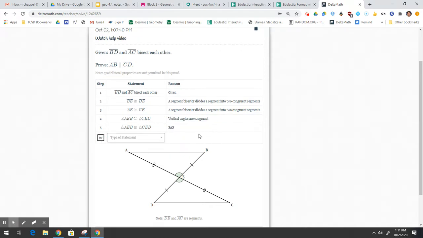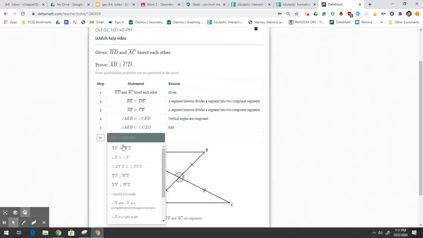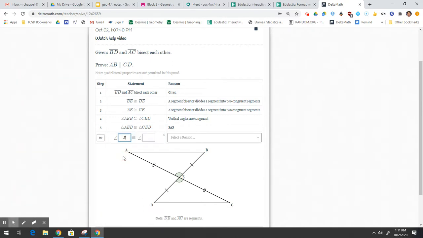Good. And now that the triangles are congruent, again, remember I talked about to prove that the lines are parallel, prove that this line and this line are parallel, use this as your transversal and use angle B and angle D. They're now congruent because the triangles are congruent. So we can now say that angle B is congruent to angle D, and it's not by alternate interior angles.